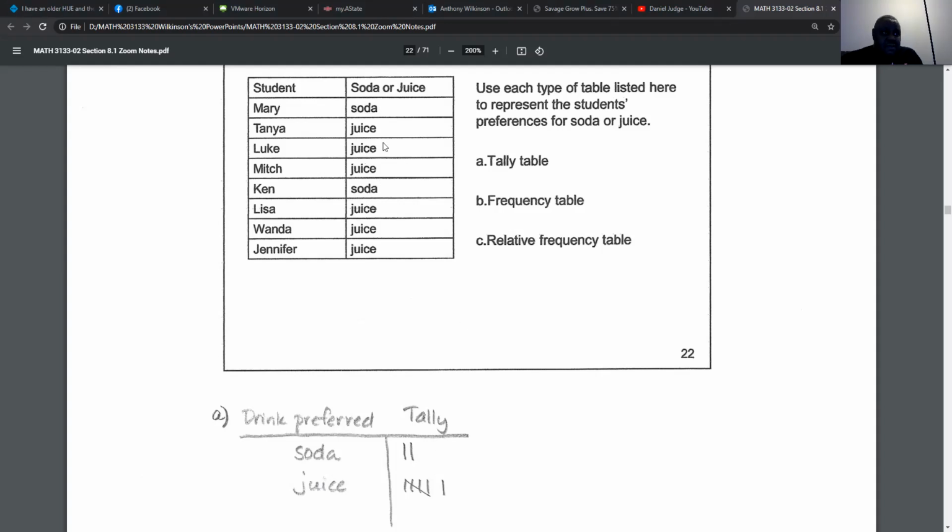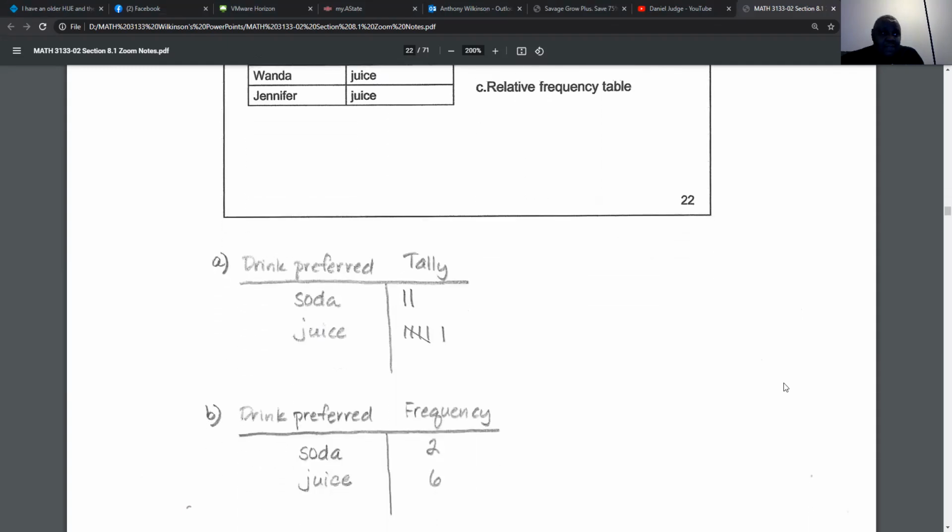And then for juice, 1, 2, 3, 4, 5, 6. 6 people prefer juice. So here's a tally for the number of students that prefer juice. So that's part A.